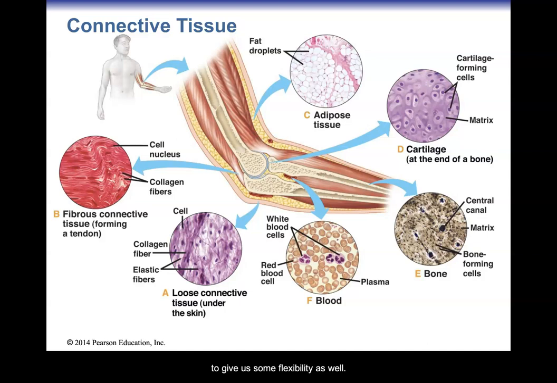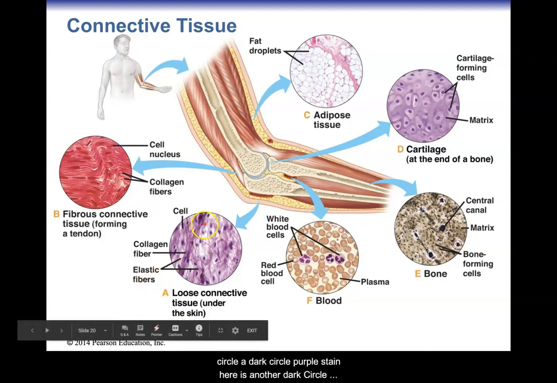It's going to give it some flexibility as well. Because remember, epithelial tissue is quite organized, so it doesn't have that flexibility that the dermis, as you'll see, or loose connective tissue has.